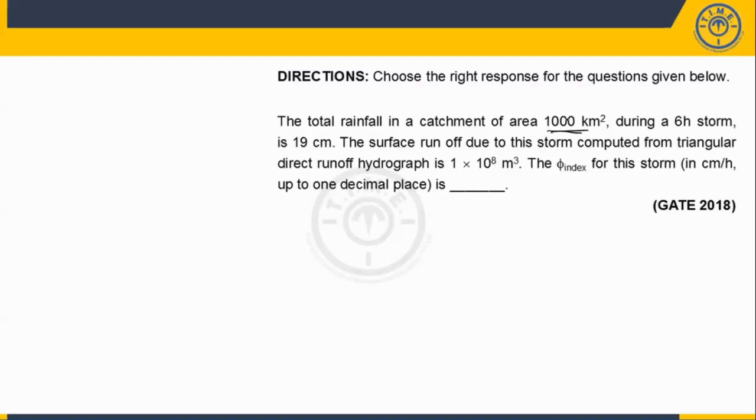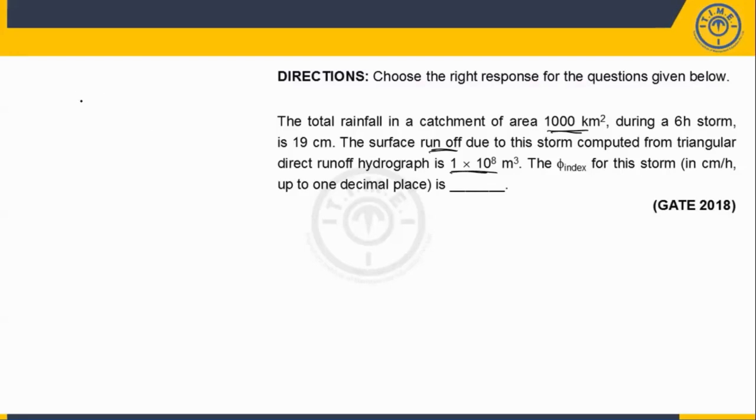The surface runoff due to the storm, computed from a triangular direct runoff hydrograph, is 1 into 10 power 8 meter cube. The runoff volume is given to you.